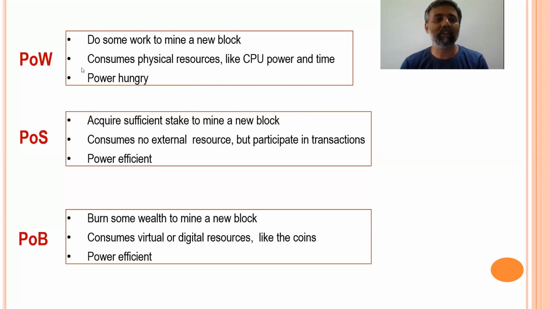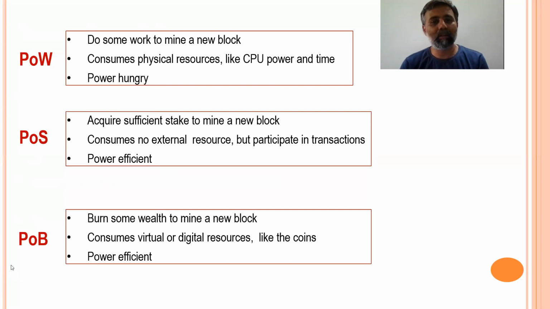And PoW is basically a power-hungry game. Whereas PoS, that is proof of stake, and proof of burn, both are power efficient. In proof of stake, you acquire a sufficient amount of Bitcoin to mine a new block, consume no external resources, but participate in transactions, and it is power efficient.